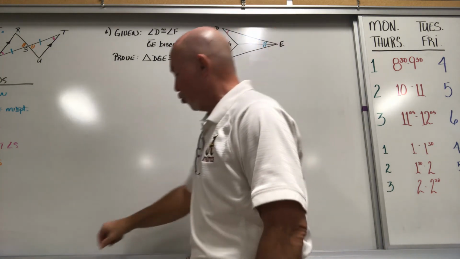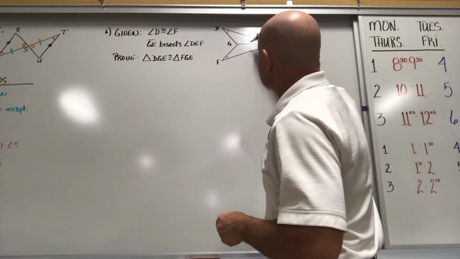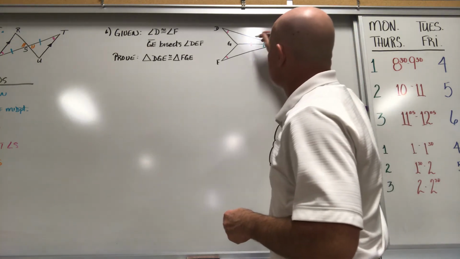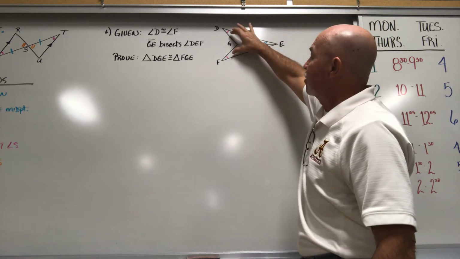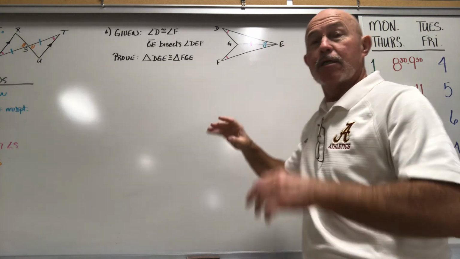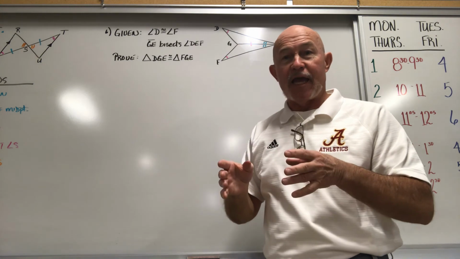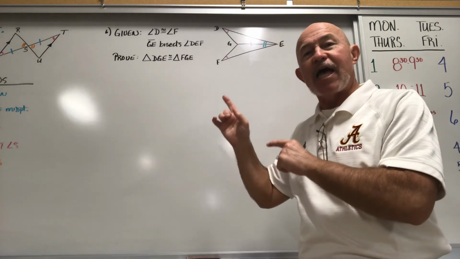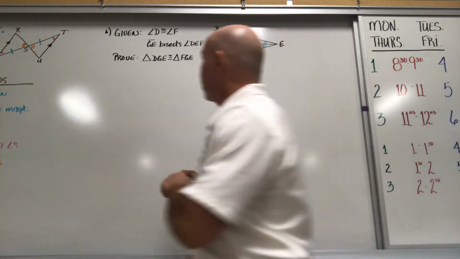Our last one, we've got corresponding sides. So I have a pair of angles, a pair of angles, a pair of sides. The triangles are now congruent with AAS. The side is not between the two angles. Here we go.